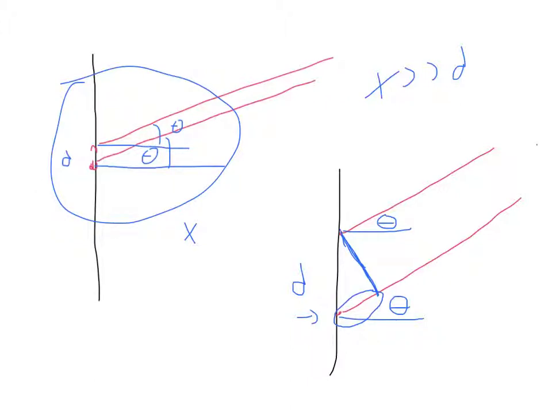We can realize that this theta is the same as this theta because this angle here and this angle here make up a right angle, and so do this angle here and that angle there. Therefore, this angle here is theta, and that, between that being theta and this being d, gives us everything we need to know to figure out how much further this lower beam of light travels than the upper beam of light.